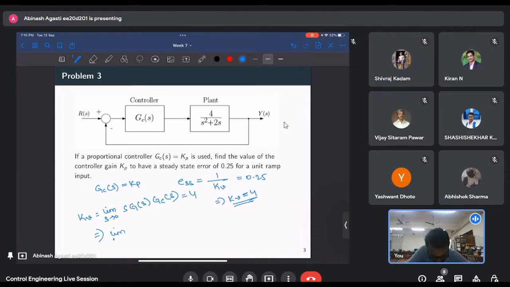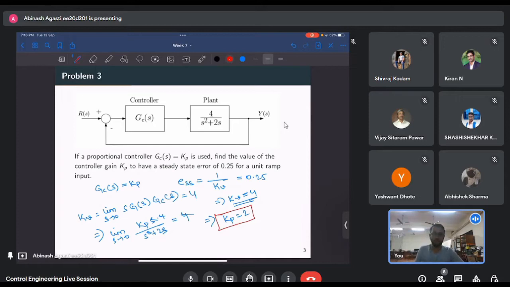Limit s goes to 0. I have this. Gc is just Kp. So I'll put that in. This will give me, this is to be 4. So from this we get Kp is equal to 2. Correct? Yes.